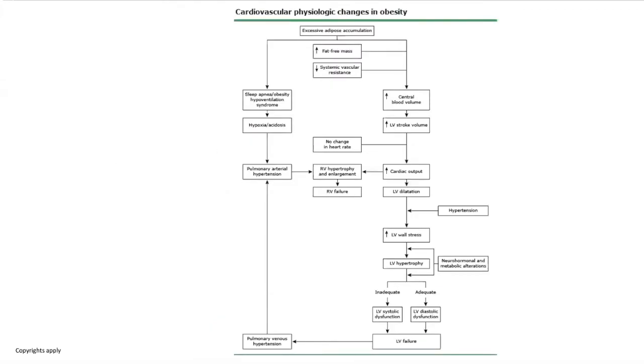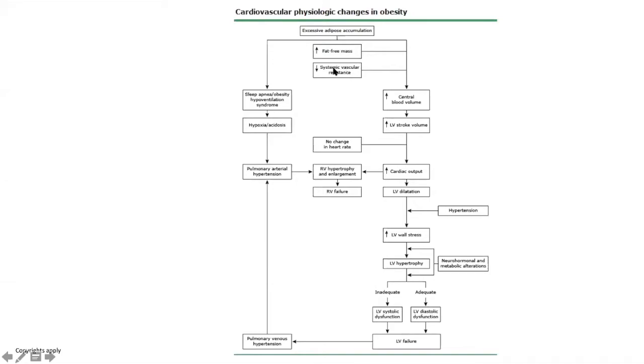This is an overall slide. What happens with the sleep apnea, obesity? There may be hypoxia, acidosis. There may be pulmonary hypertension. On the other hand, with obesity, there is need for increased tissue supply.